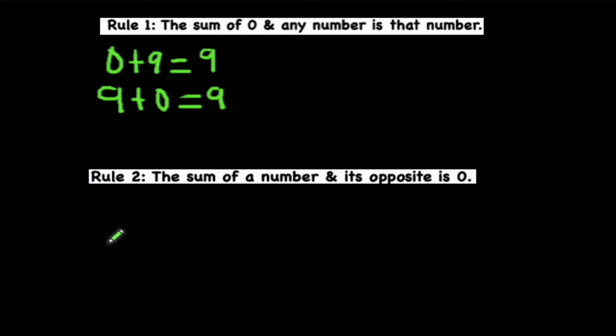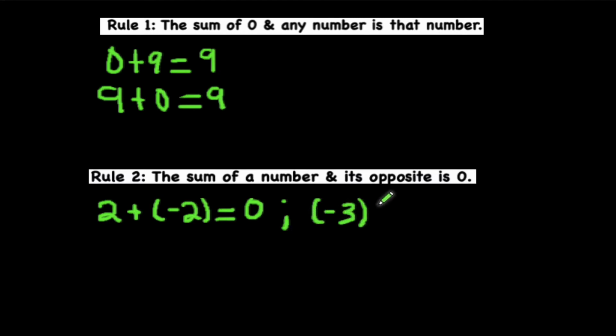Now, what about rule number two? Rule number two states the sum of a number and its opposite is zero. For example, if you have 2 plus -2, that's equal to zero, right? And if you have, let's say, -3 plus +3, that's equal to zero, all right?